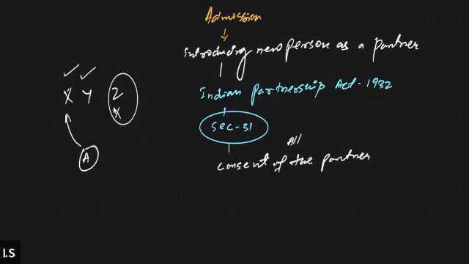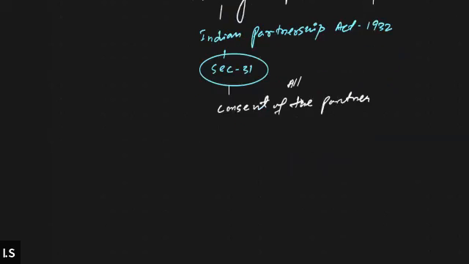Since Z is not in favor of the admission of such a person, this person cannot be admitted into the partnership even when the majority of the partners agree. So when it comes to admission of a partner, the rule of majority does not apply unless and until 100% of partners agree. Even if there are 10 partners and 9 are in favor of the admission of a new person, and only one person is opposing, then also no new person can be admitted. All right. So this is what the provision of the Indian Partnership Act, 1932 says.